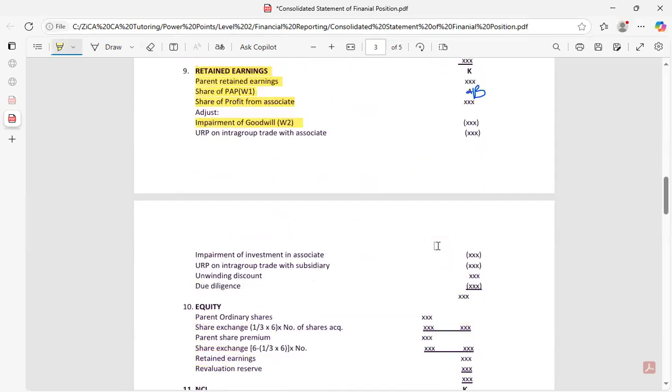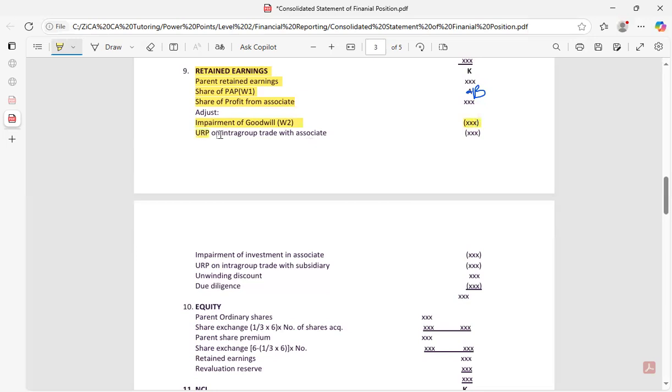But the trick is this: you only apportion the impairment of goodwill between the parent and the non-controlling interest if the method of calculating the non-controlling interest that has been used is the full goodwill or the fair value method. If the partial goodwill has been used, right, the proportion of assets has been used, then you do not have to apportion impairment of goodwill.